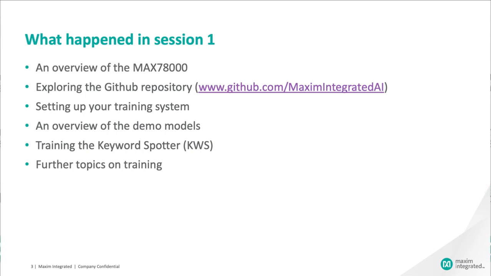We talked about recommendations for setting up a machine learning training system. We talked about some of the demo models that come along in our evaluation kit. We also went through actually training our keyword spotter demo with all the tools and documentation that are available on the GitHub site. And we talked a little bit more about further topics in deep learning training.